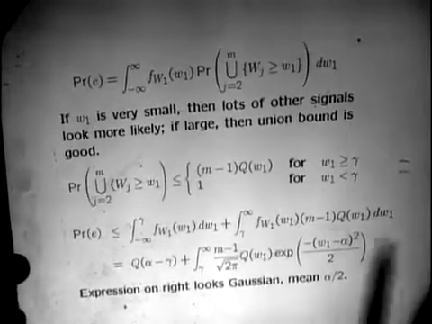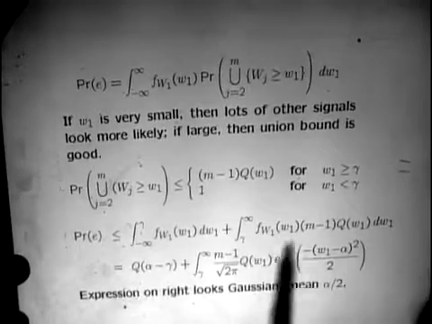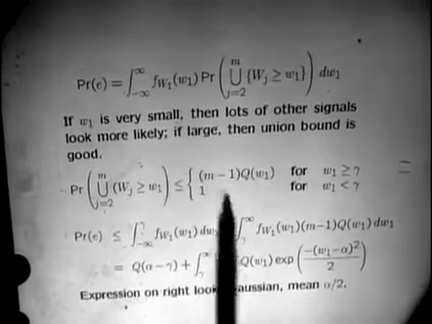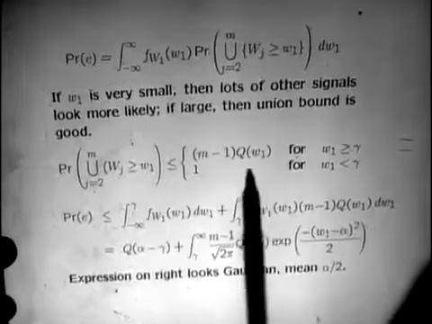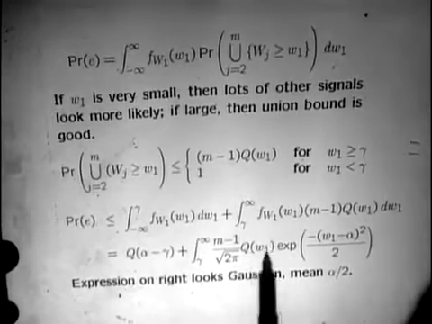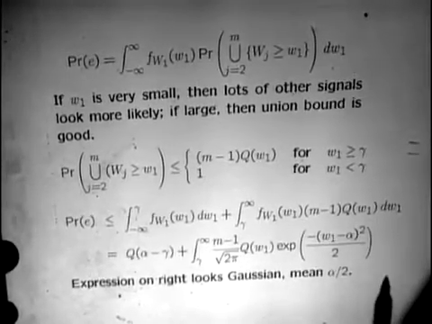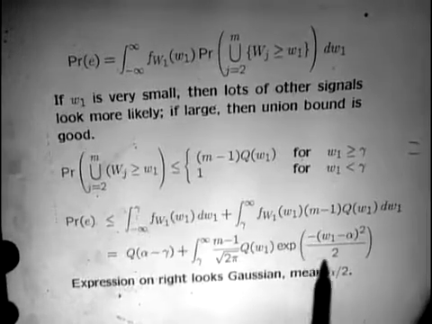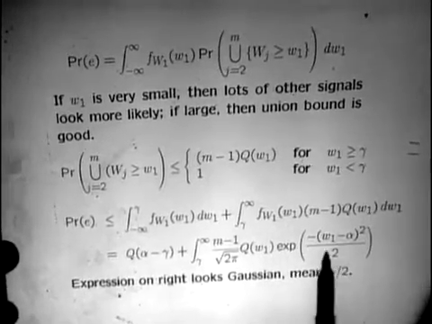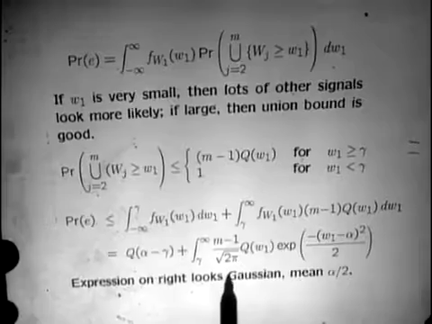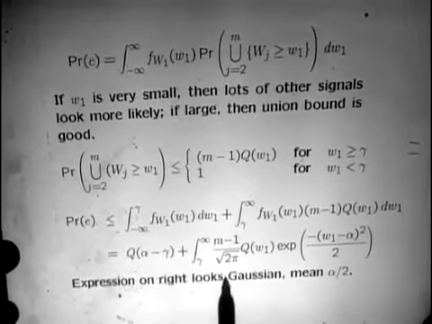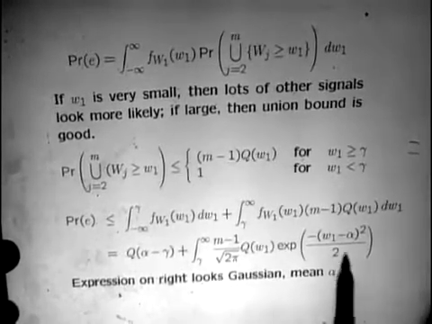The other term is a little more complicated. It's m-1, which is that term there, times Q of W1, which is this term here, times the Gaussian density. And it's the Gaussian density for W1, which is 1 over square root of 2 pi. This is normalized to variance 1, but it has a mean of alpha.